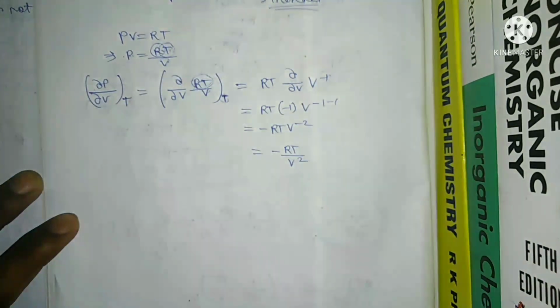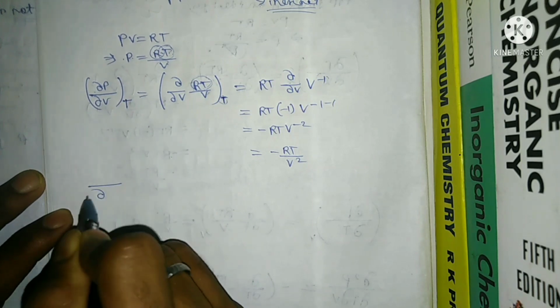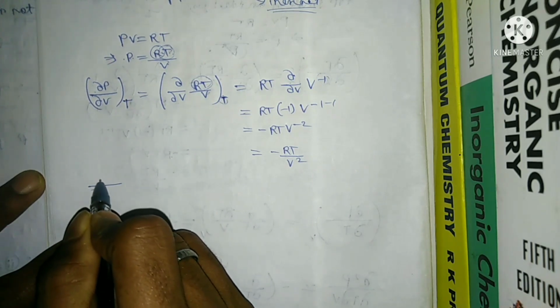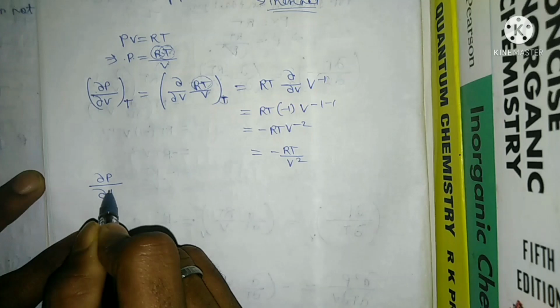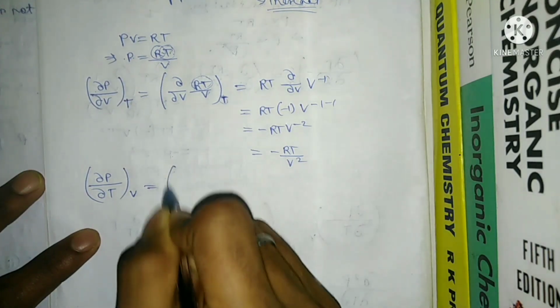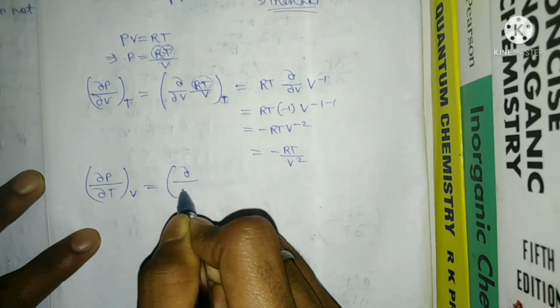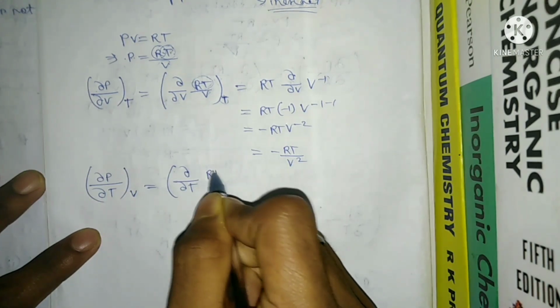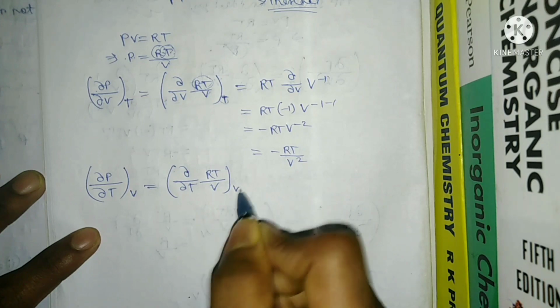Now we will check it for temperature. When we differentiate pressure with respect to temperature at constant volume, ∂/∂T of RT by V at constant volume.